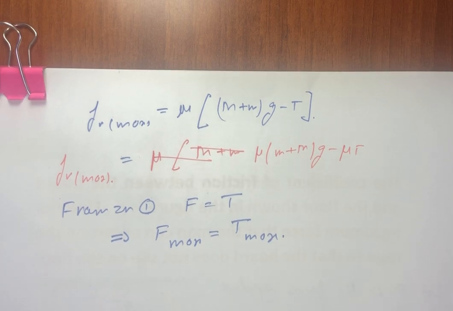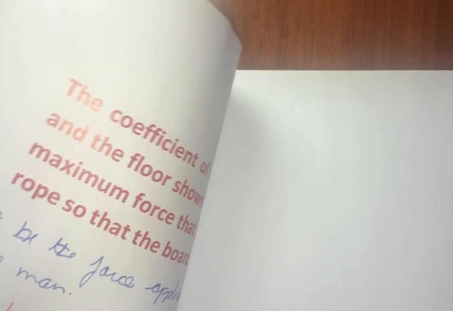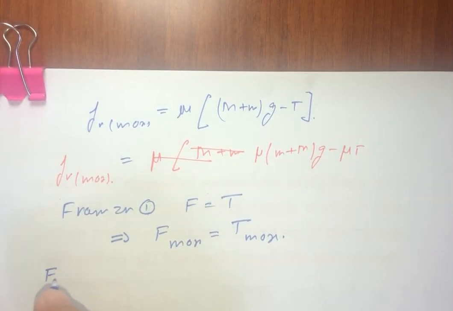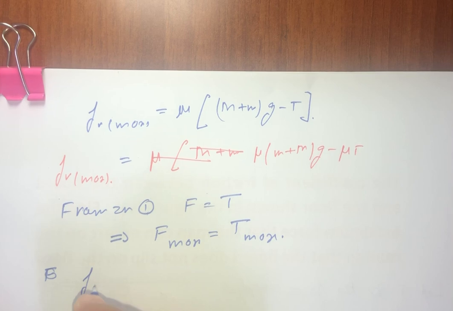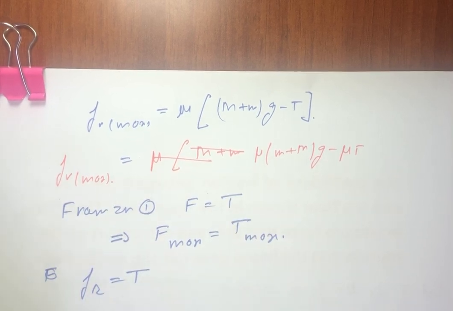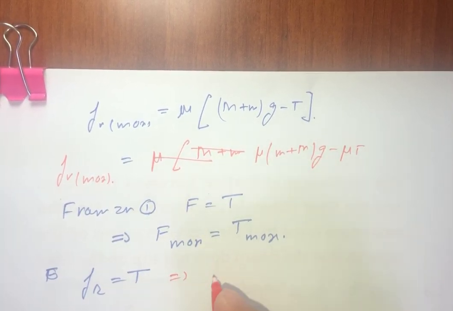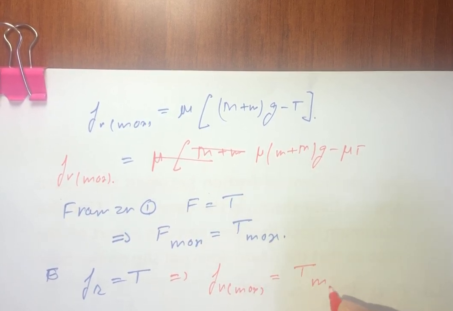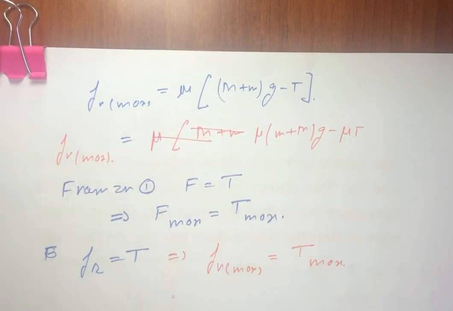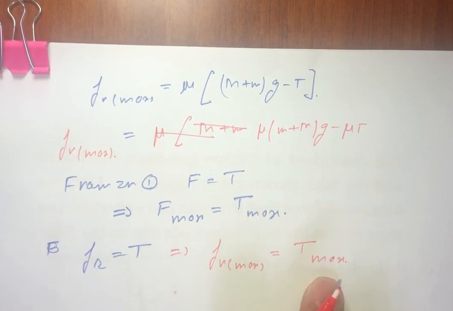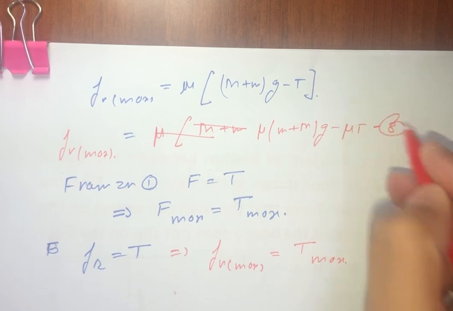And we have already written that Fr is equal to T, so Fr max will be equal to our T max. Let us call this equation number 3.